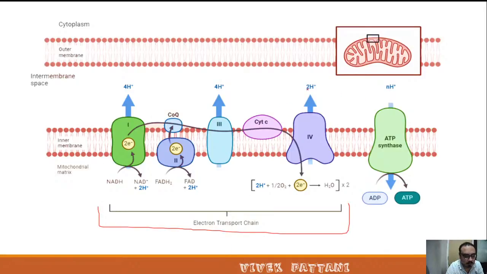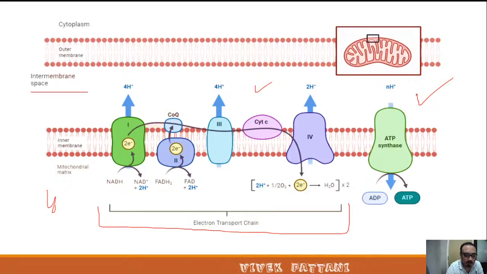Now moving further, as the electrochemical gradient is produced, it leads to formation of a proton gradient in the intermembrane space, and in the inner membrane here the number of protons will decrease.